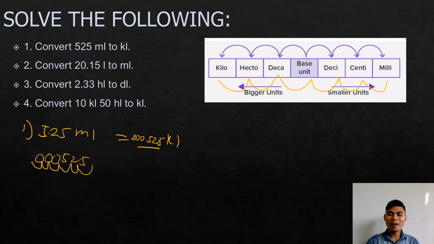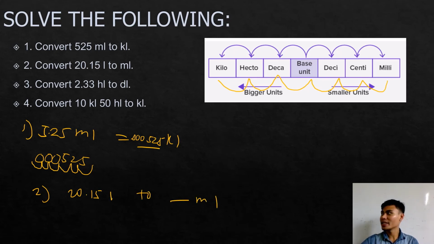The same lang po ang concept. So huwag kalimutan milliliter, centiliter, deciliter, base unit, liter, decaliter, hectoliter, kiloliter. Move lang po ng move. And we're just talking about metric system for volume or capacity. For number 2, 20.15 liters to ml.